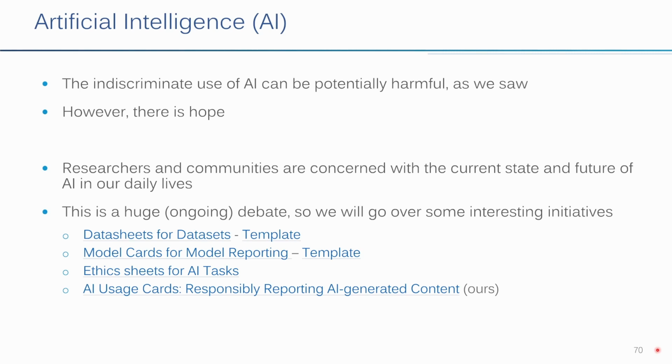We have the data sheets for data sets, the model cards for model reporting, and the ethics sheets for AI tasks. And finally, we also have the AI usage card, which is responsibly reporting AI generated content. And hopefully we'll be able to show you that each and every block of these initiatives takes care of one specific aspect in this entire pipeline of using the data to train our models, to devise our questions.